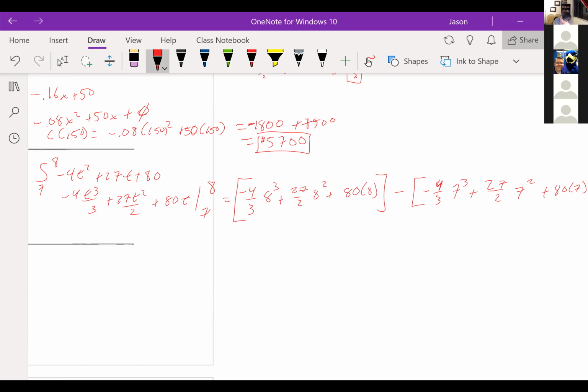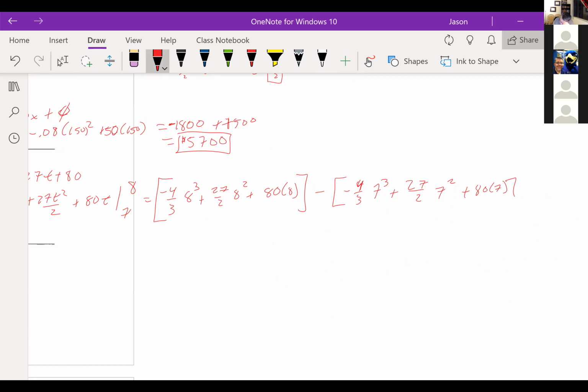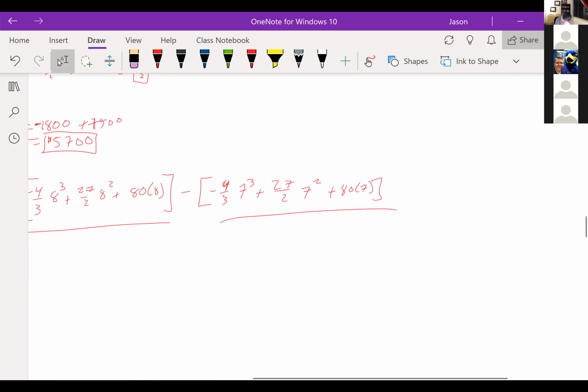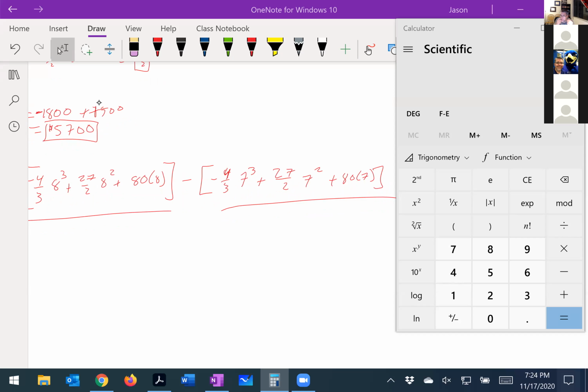So again, I would probably just plug the whole thing into the calculator like this, instead of having to deal with any of those arithmetic errors. Why am I not screen sharing my screen? There we go. Okay.